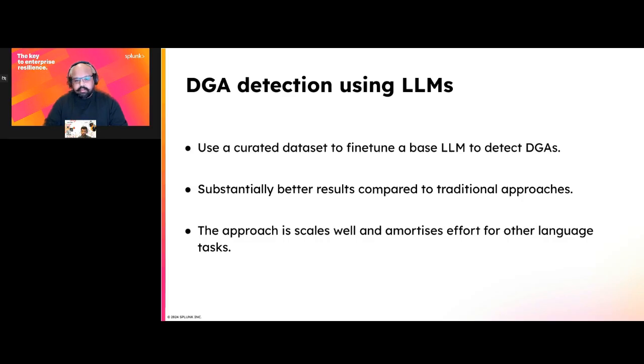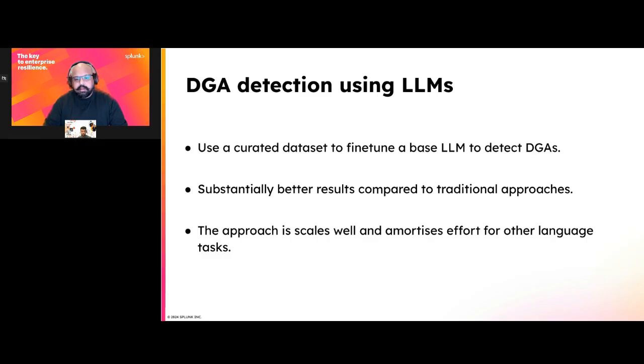If we can curate a data set of these DGAs, and then we have a benign set of URLs or domain names, then we can fine-tune an LLM to tell us which one is which. This gives us substantially better results compared to traditional approaches.